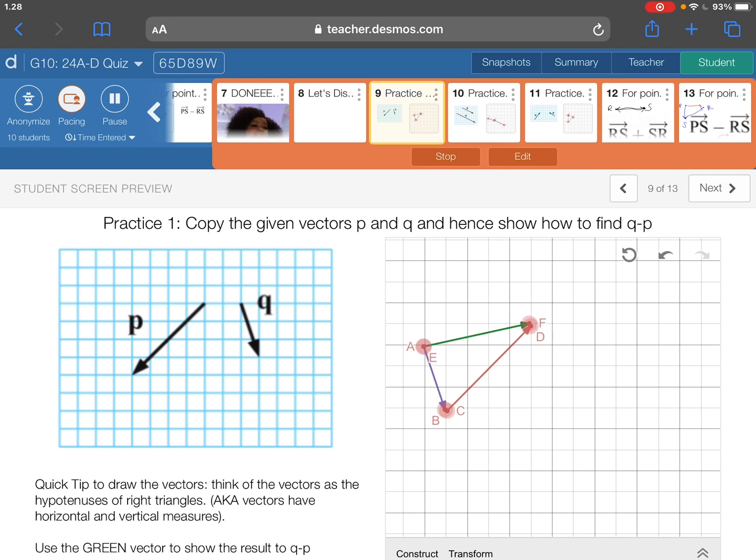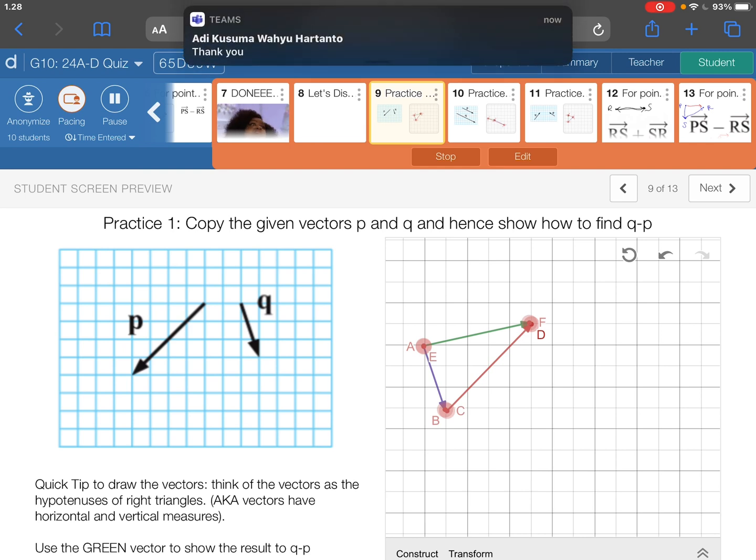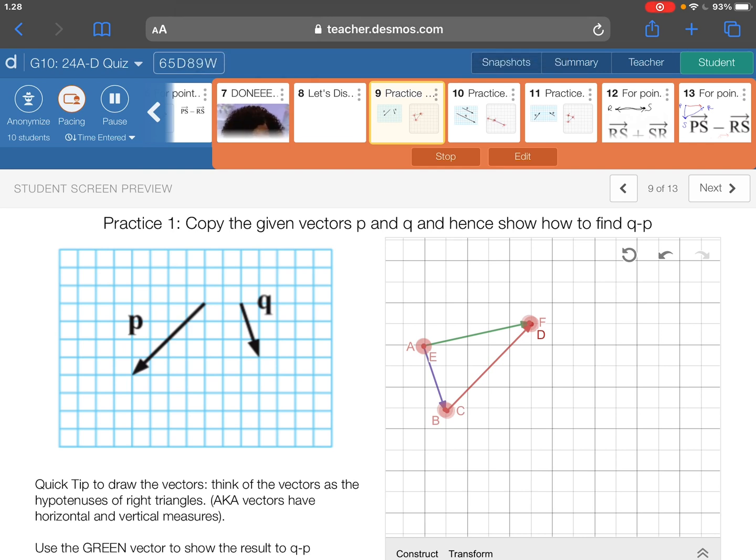Even though the result vector is the same, the displacement is the same, I still want you guys to follow the questions, because we never know how picky people are. And even though you know Q minus P is equal to negative P plus Q, I want you guys to show me. Show me what Q minus P will look like, okay?